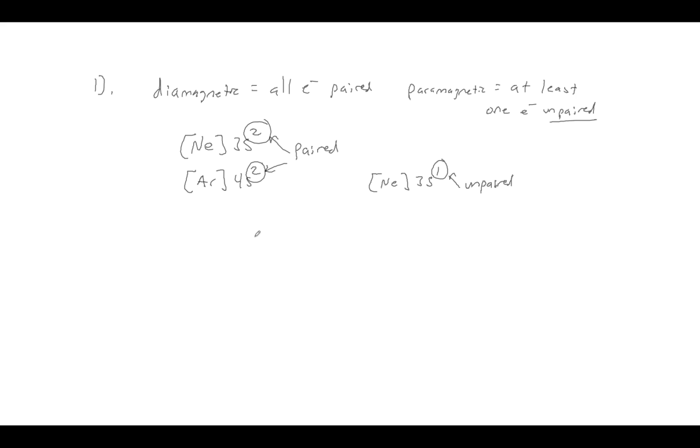Answer choice C, we have Pb4+. And if we look at Pb, let's look at the neutral element's configuration, right? Ignore this.